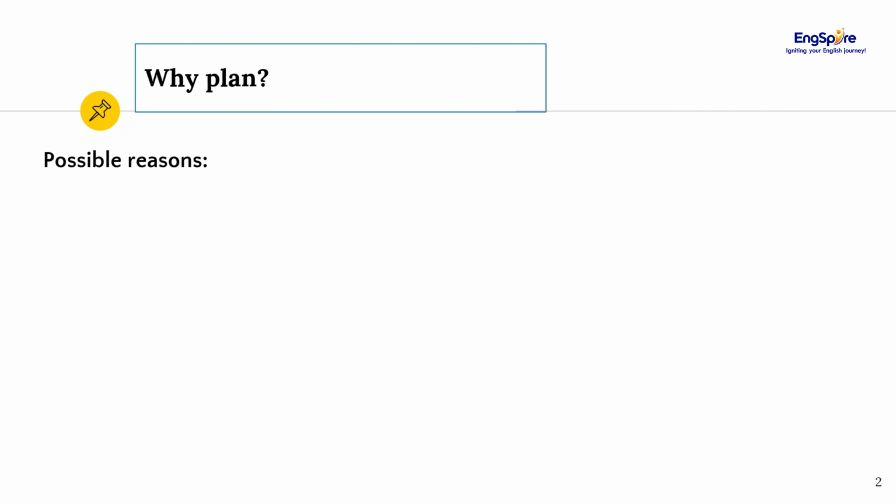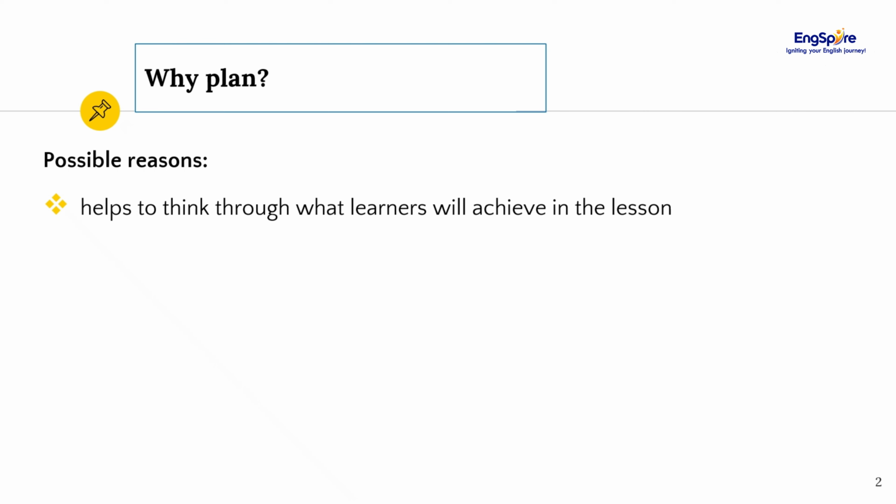Lesson planning is not just about writing down a list of activities. It helps teachers think carefully about what learners will achieve by the end of the lesson. In other words, it helps us decide what our lesson aims are and what progress we want our students to make.